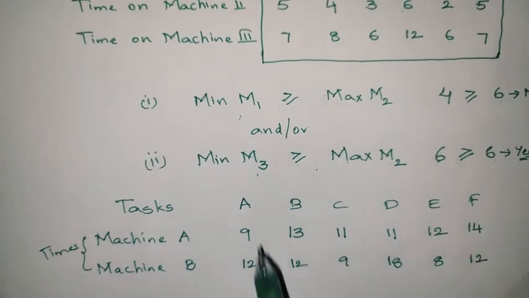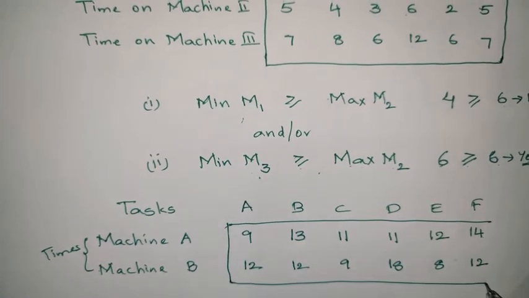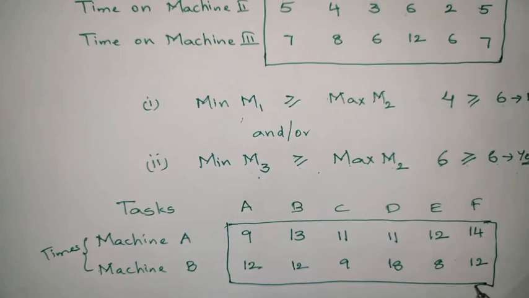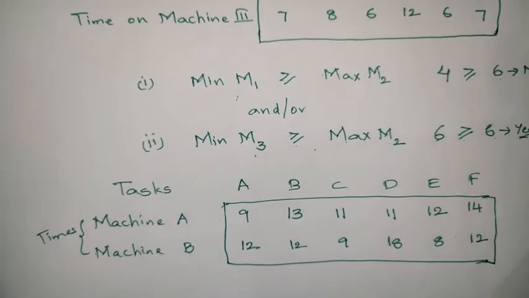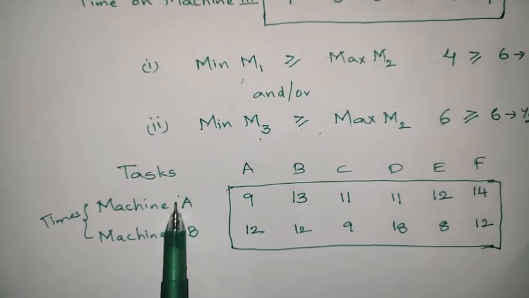Now these are the process times of machines A and B. So like this, we need to convert a 3 machine problem into a 2 machine problem.